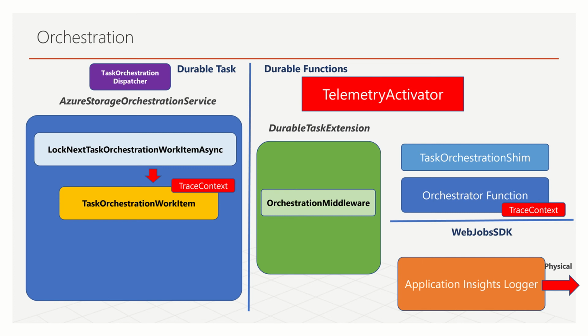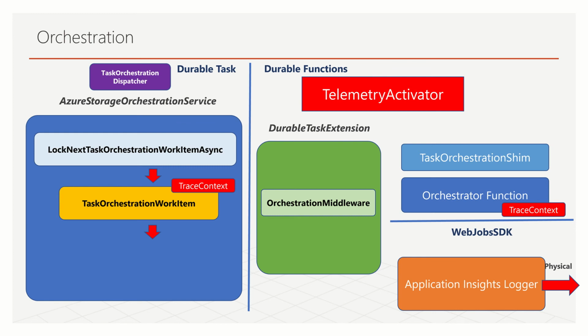But at the same time, this is not the only one. There is a telemetry activator that also has a client of Application Insights. This Application Insights logger creates the log for each orchestration execution. But for the customer, that doesn't make sense.